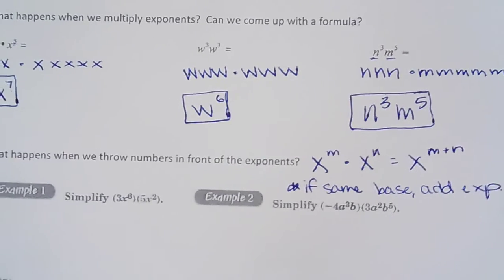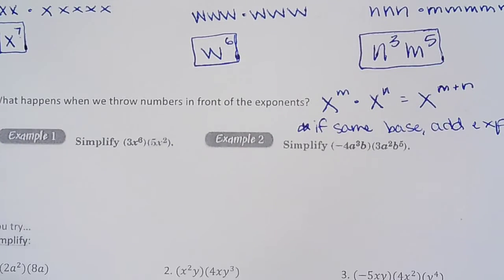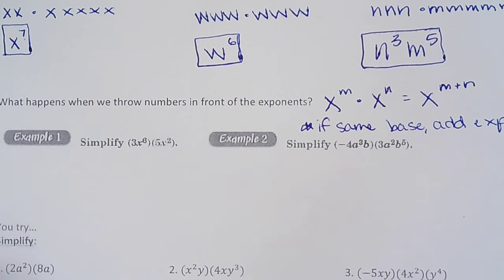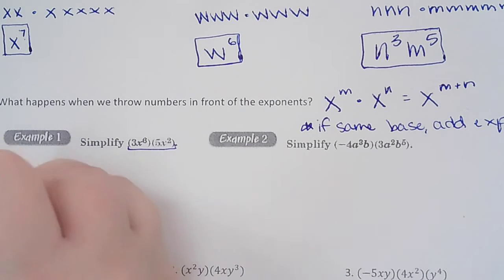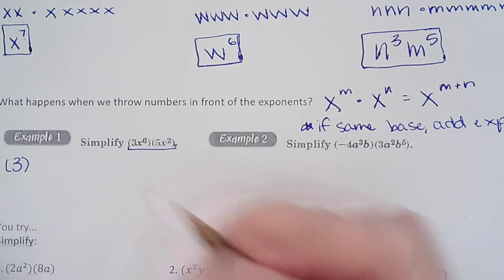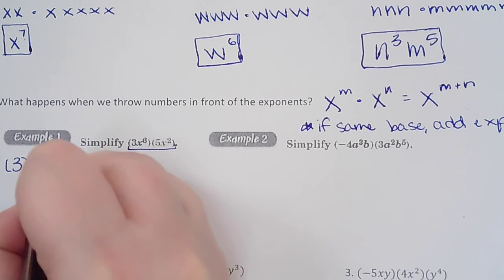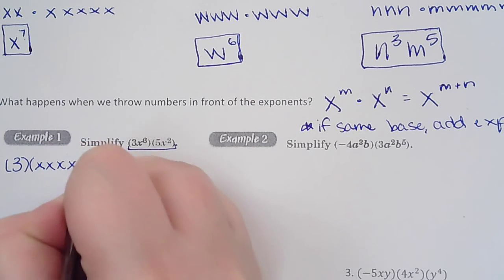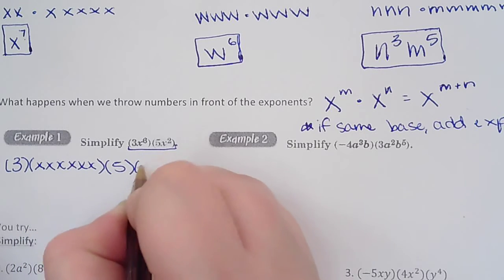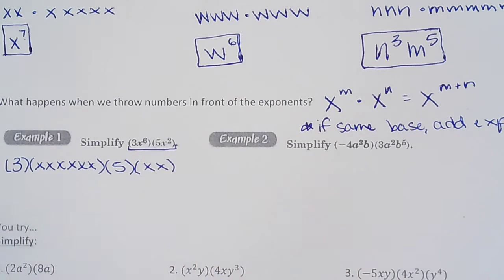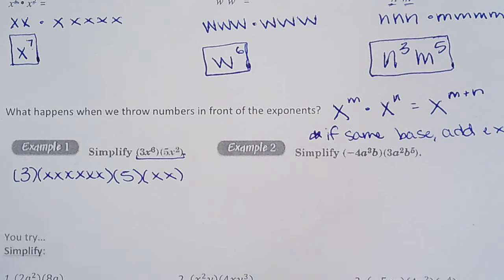So let's look at this a little further. Remember, we want to simplify as far as possible. With this one, I'm going to write it out the long way. I'm going to write everything in parentheses. I have a 3, 6 x's, I have a 5, and then I have 2 more x's. Notice how these are each distinct terms. They're all separate from each other because each one could be rearranged to say the same thing.